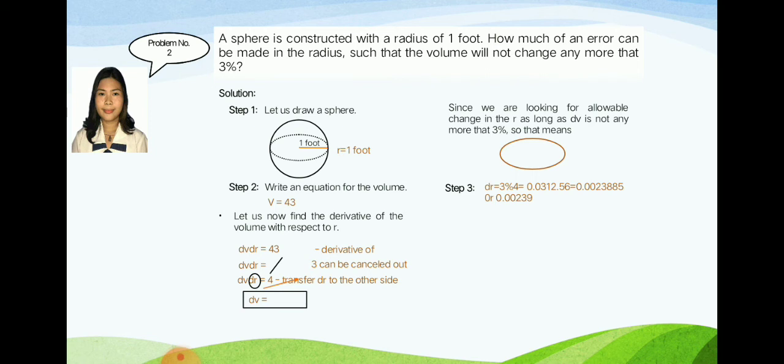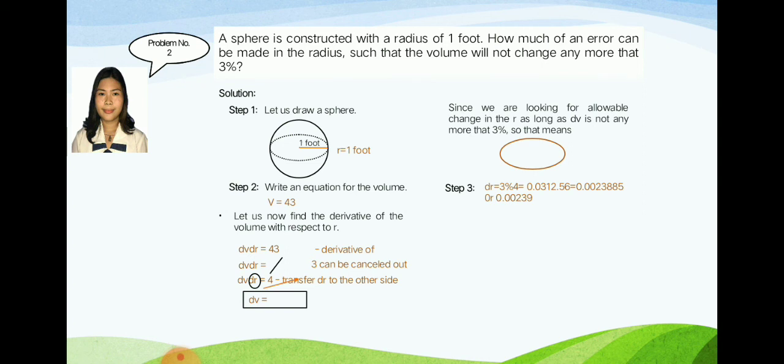So for step 3, we have the equation dr is equal to dV over 4 pi r squared, where dV is equal to 3% over 4 pi, where r is equal to 1 raised to the power of 2. So we have 3%, so we have 0.03 over 4 pi.